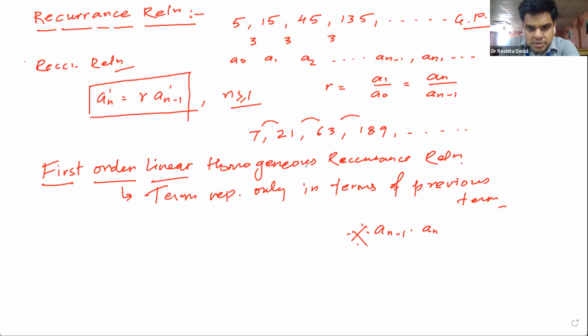Now, what is a homogeneous recurrence relation? If I write this equation as An minus r An minus 1 is equal to 0, I get 0 on the right hand side. In general, the general form of a first order linear recurrence relation is An minus r An minus 1 is equal to f(n).